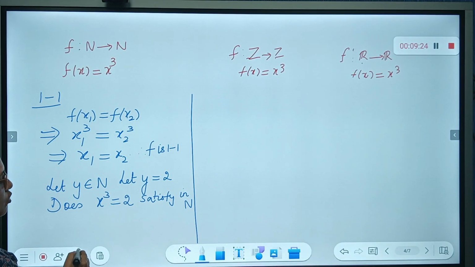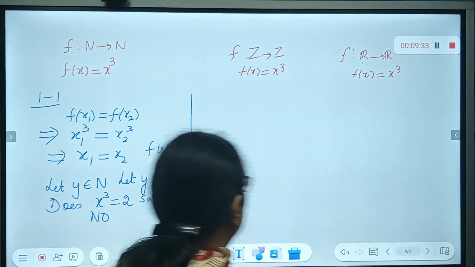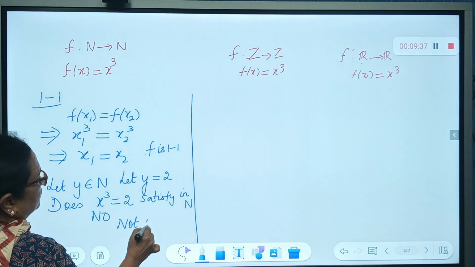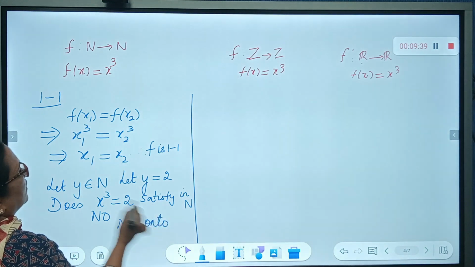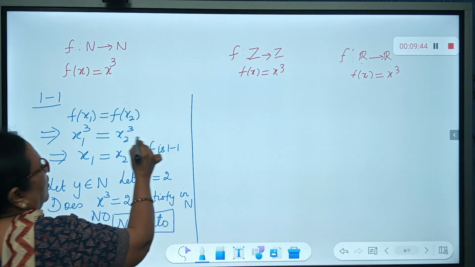No. There is no solution for x cube equal to 2 in the set of natural numbers. Therefore, it is not onto. It is 1 to 1 but not onto.